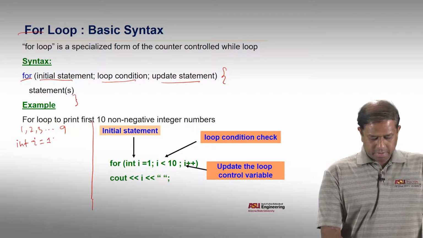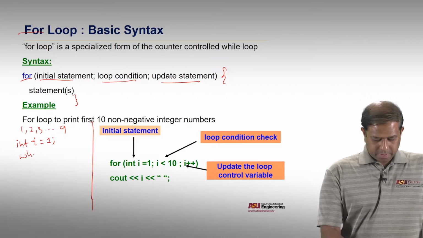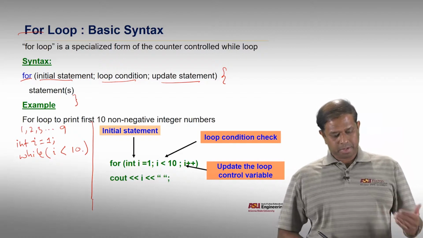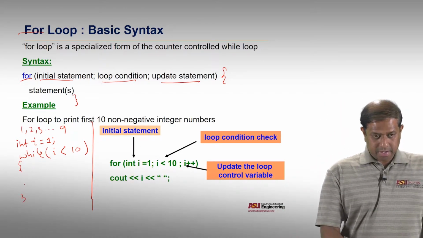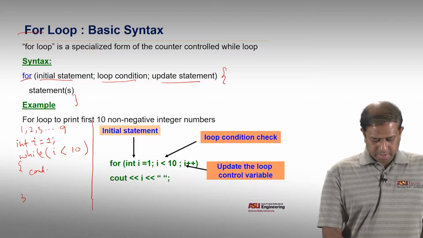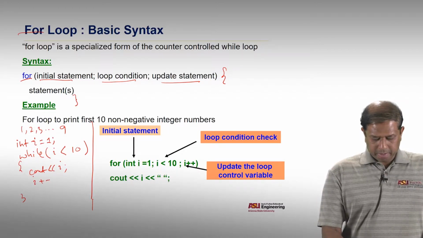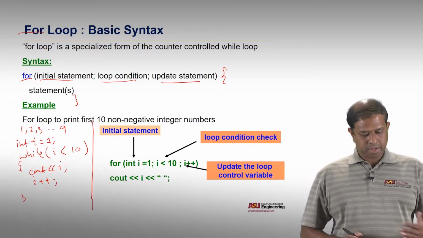We set i to 1 to begin with, and then we check while i is less than 10, right? Because we need to display numbers 1 through 9. If that is the case, we go ahead and display the number, cout i, and then increment i by 1, right? So i plus plus. This loop is essentially going to display numbers 1 through 9.